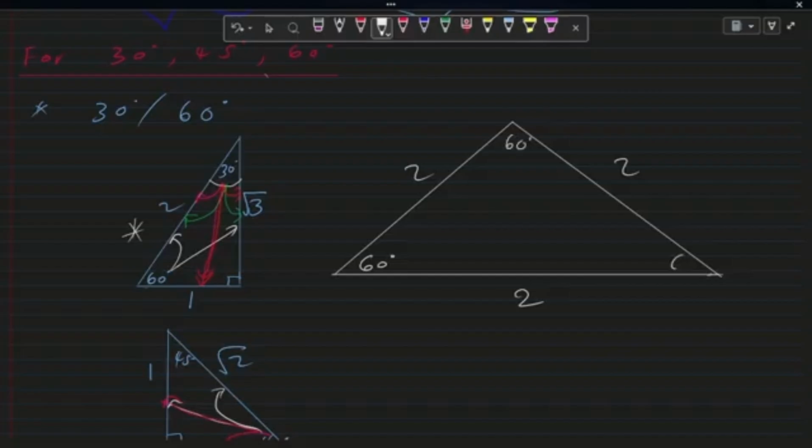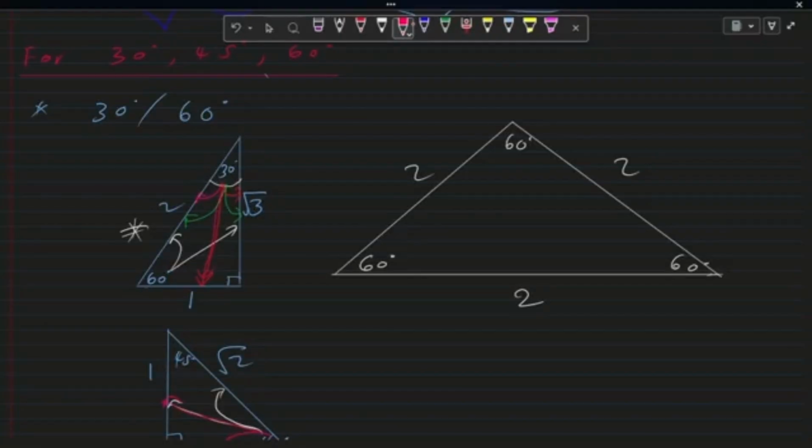And if we do that, we recognize that this angle is 60, that one is 60, and that one is 60 degrees. This is the fundamental diagram that we use to get to this point.